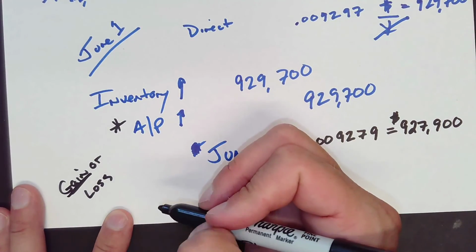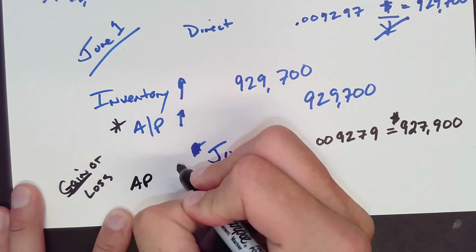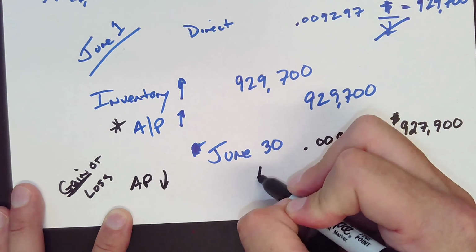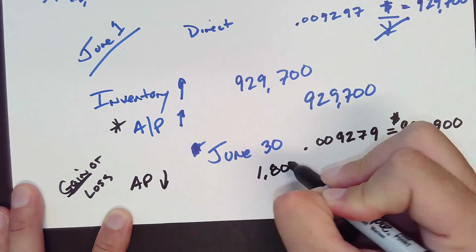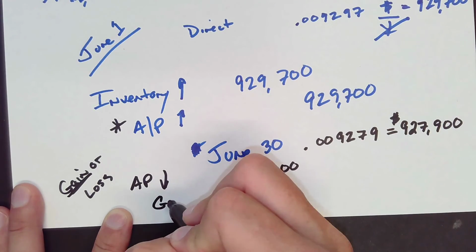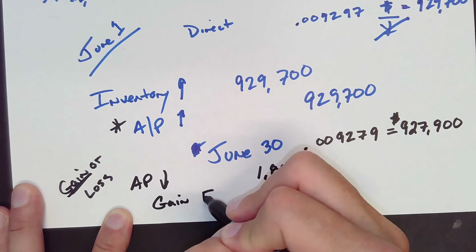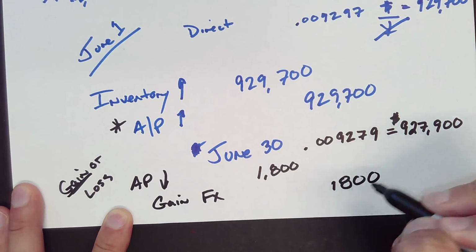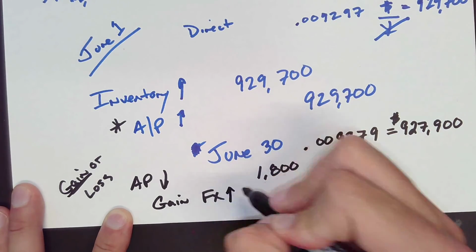Accounts payable is going to go down by the difference of 929,700 and 927,900, or about, I think, $1,800 if I'm doing the math correctly in my head. So accounts payable is going to go down by $1,800, and I'm going to have a gain on FX of $1,800. So that gain is going to go up.